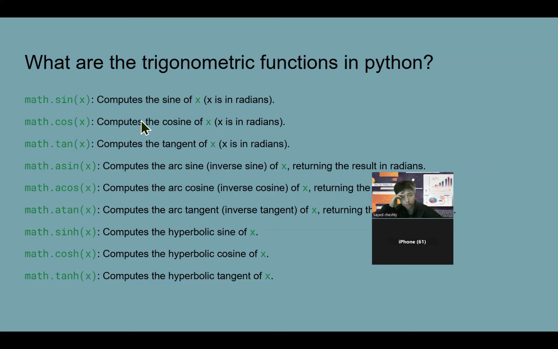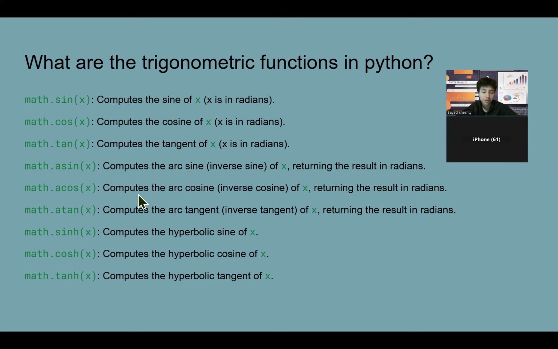The cos computes the cosine of x in radians. The tan computes the tangent of x in radians. The asin computes the arc sine, inverse sine of x, returning the result in radians. The acos computes the arc cosine, inverse cosine of x, returning the result in radians. And lastly, the atan computes the arctangent, inverse tangent of x, returning the result in radians.